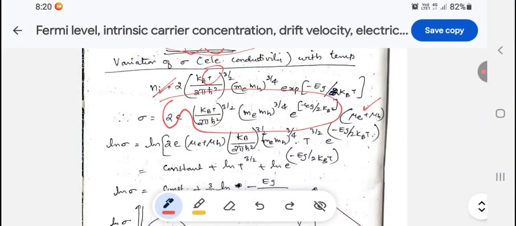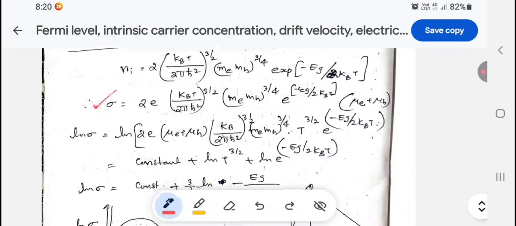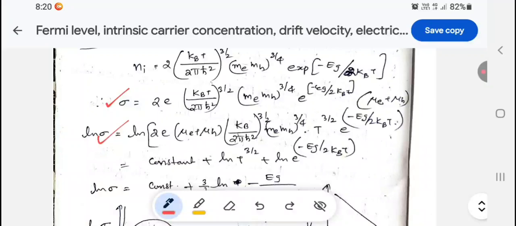So the effective term for electrical conductivity is here. Taking logarithm on both sides, we have the expression log of 2e, mu e plus mu h, into kb divided by 2 pi h cross square raised to 3 by 2. T is taken outside. Then me mh 3 by 4, e raised to minus eg by 2 kbt.